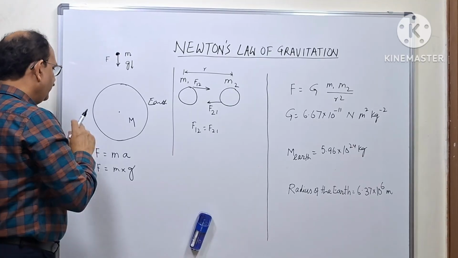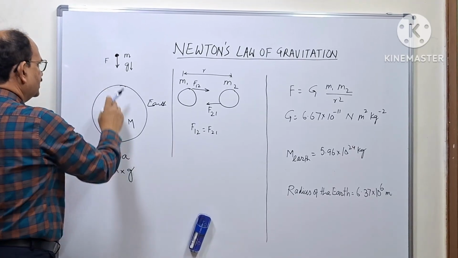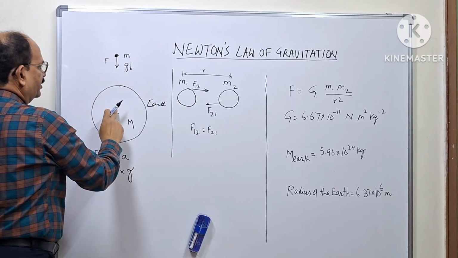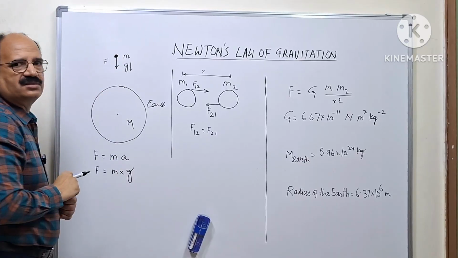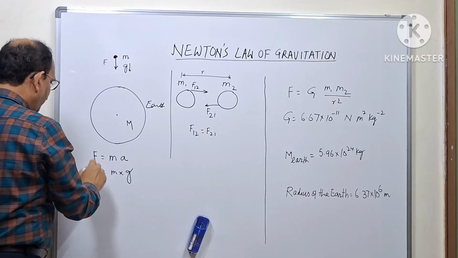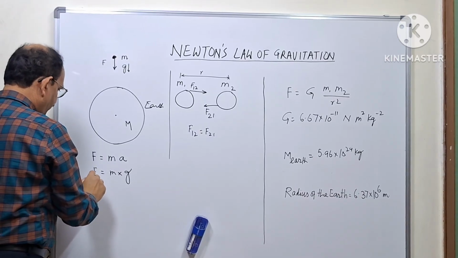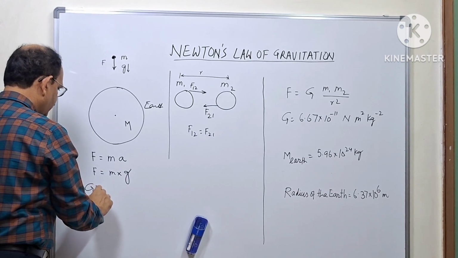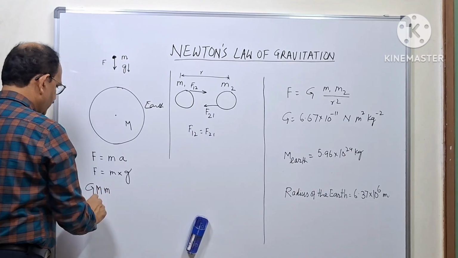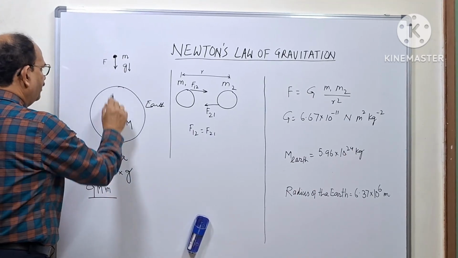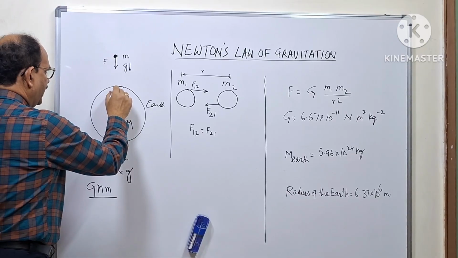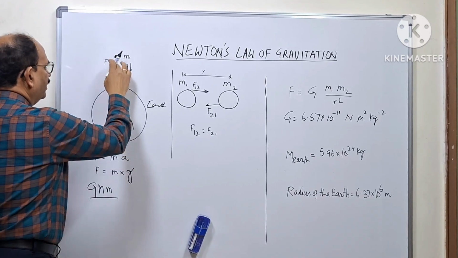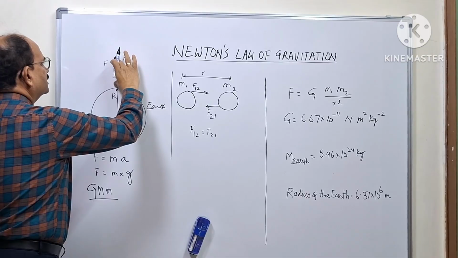Now we also know that this force is essentially the force of gravitation through which Earth is attracting this mass. So we can comfortably write that this force is G times the mass of Earth M into the mass of the body small m divided by the square of the radius of the Earth, because this body is very near to Earth, so this distance is negligible.